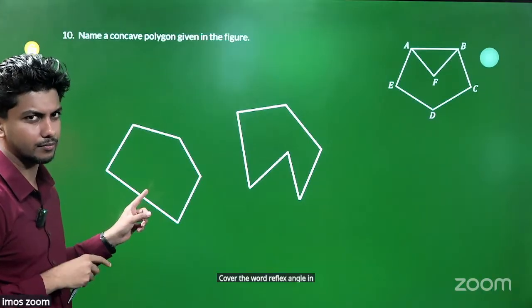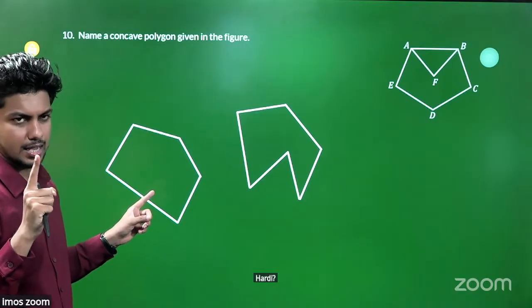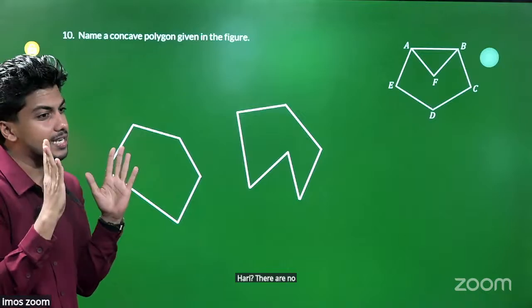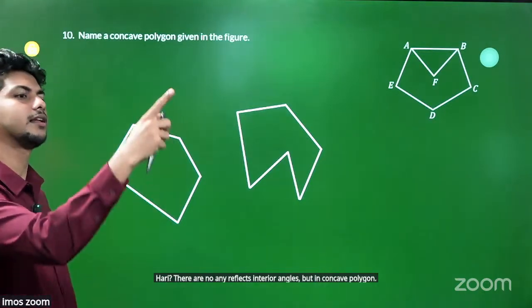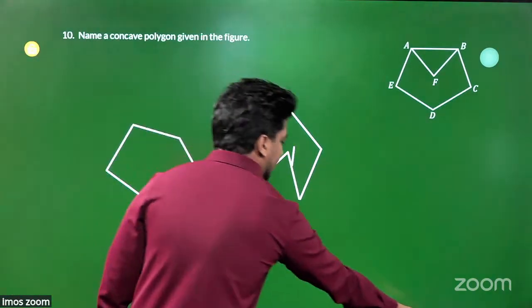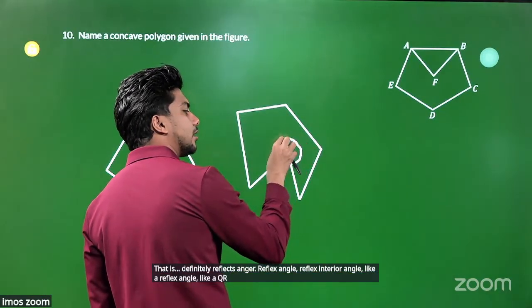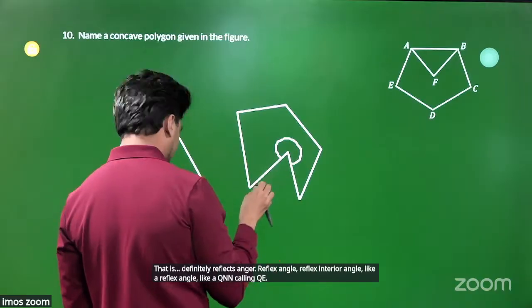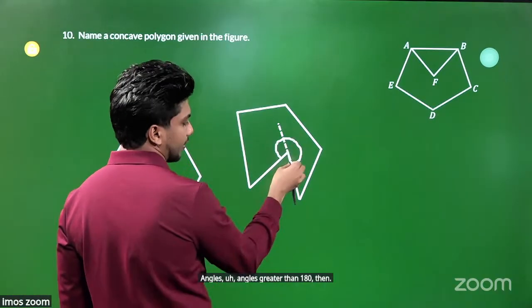In a convex polygon there are no reflex interior angles, but in a concave polygon there is definitely a reflex angle. Look at this point, the reflex interior angle here. A reflex angle, as I said before, is an angle greater than 180. If I extend this, it is greater than 180.